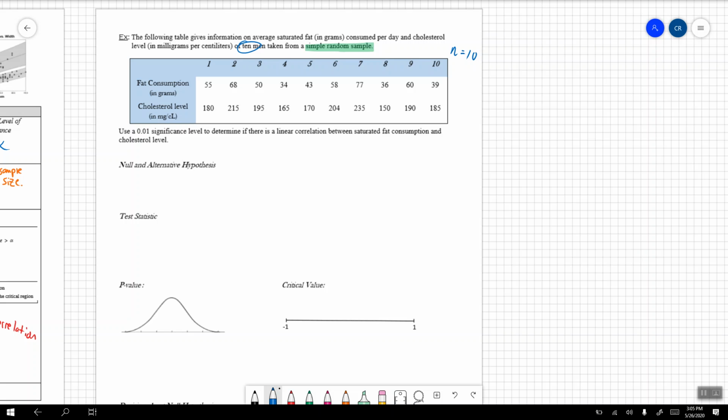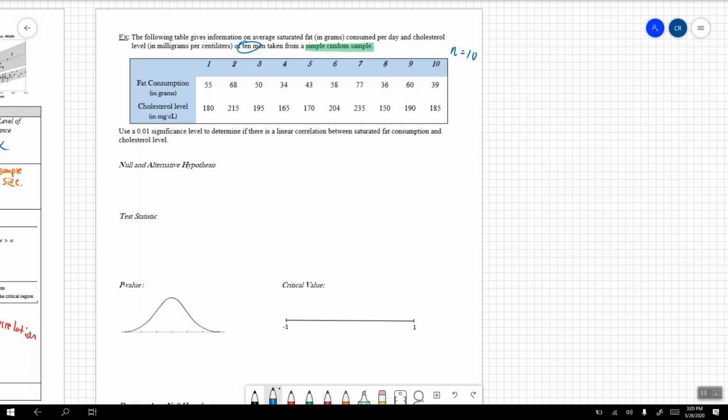What I want to do at this point in time, as the question directs right down here, is use a 0.01 significance level to determine if there is a linear correlation between saturated fat consumption and cholesterol level.